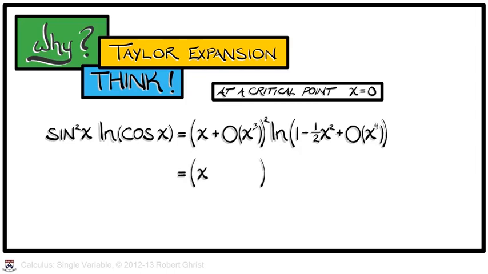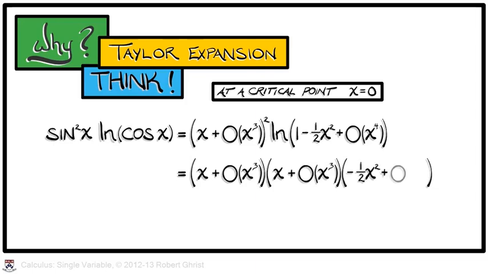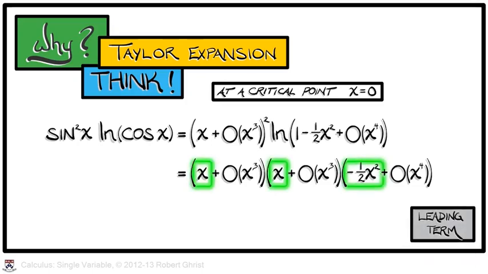We have a little bit more expansion to do, taking the sine squared term and expanding that out, and then expanding log of 1 plus something into, in this case, negative x squared over 2 plus big O of x to the 4th.